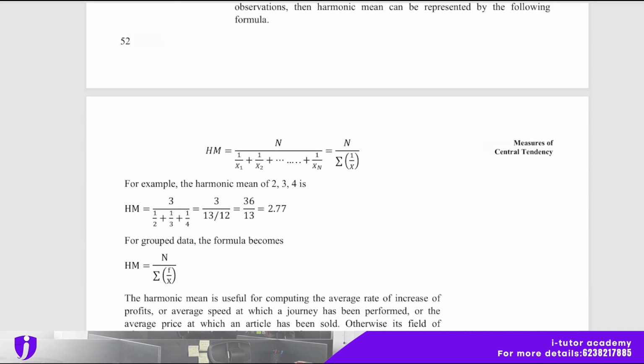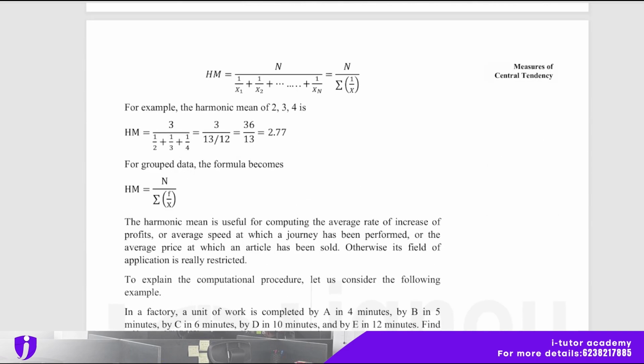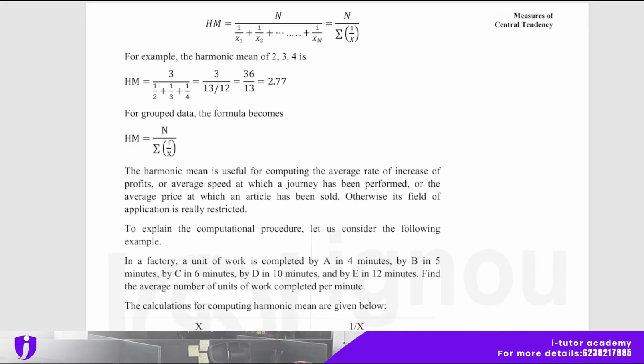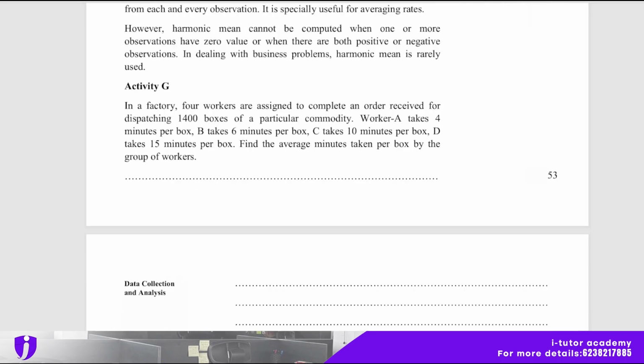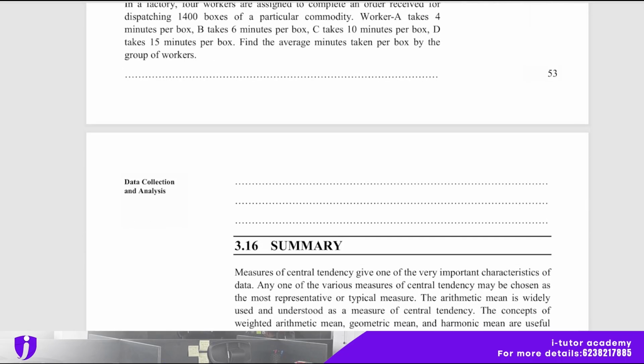The harmonic mean is useful for computing the average rate of increase of profit, or the average speed at which a journey has been performed, or the average price at which an article has been sold. Otherwise, its field of application is really restricted. And there is an activity based on that here, and the summary of this chapter is here.